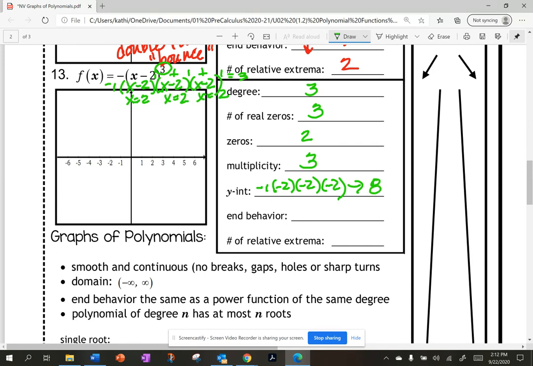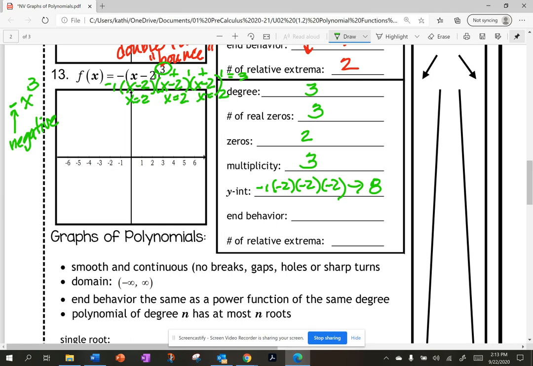My end behavior. So what does my leading term look like? This would be negative 1 times 1x times 1x times 1x. So my leading term is negative x cubed. So now this is negative.